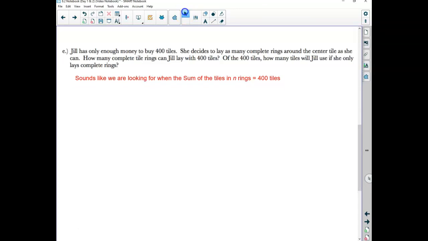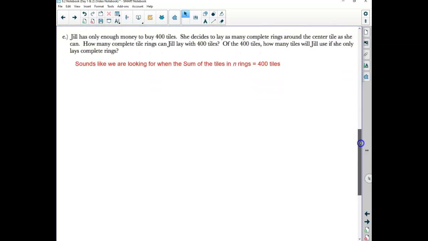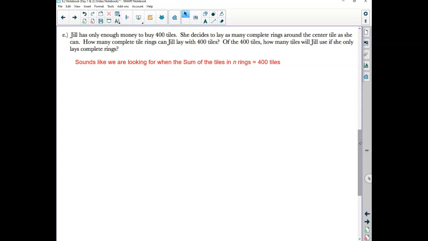Well, sounds like we are looking for the sum of the tiles in n rings, because I don't know how many she can lay, but I know she can only purchase 400 tiles. In the end, she has enough to make 400 tiles.